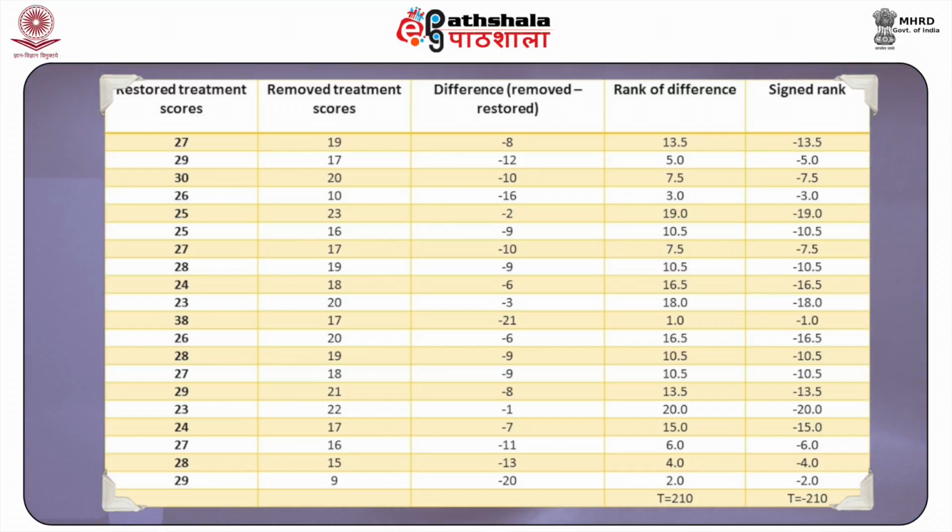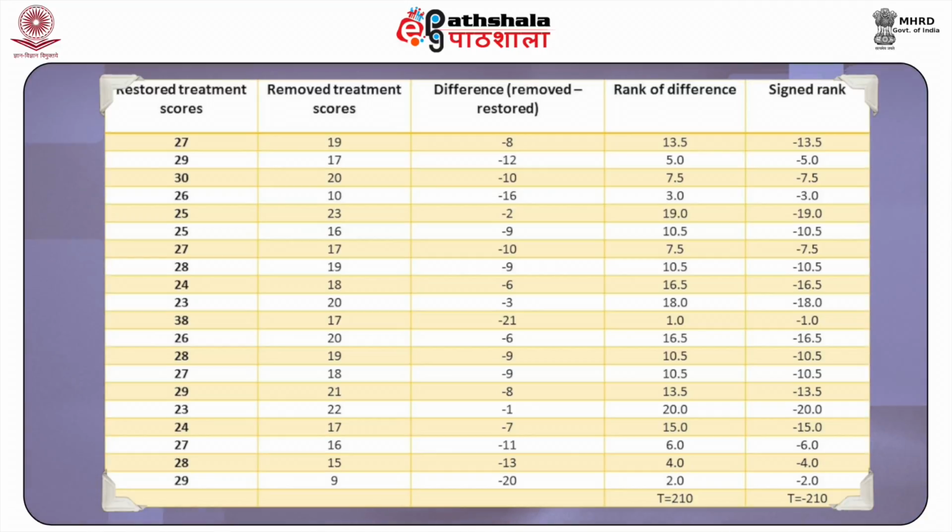The fourth column gives us the rank of differences, and the last column gives us the signed rank. We can go through the scores and see that the score of -21 has the first rank, and as it is a negative sign (17 minus 38, minus 21 is the difference), we have a negative rank of 1. And one can proceed like that for the remaining scores also.